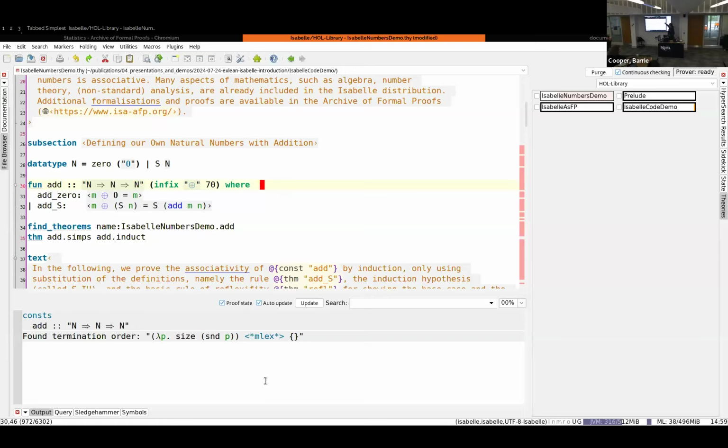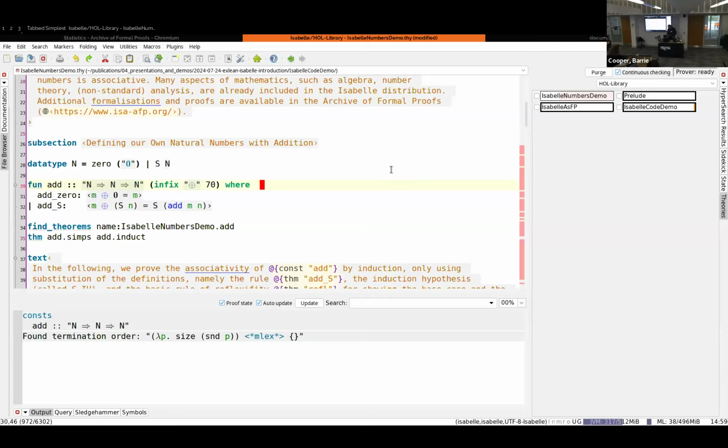You can see the files on the right-hand side in my screen setup, which also gives us an indication of how much of those theories have already been checked. Here, everything is white and has been checked, except for that number theory demo, which has only been checked up to where my pointer is at the moment.